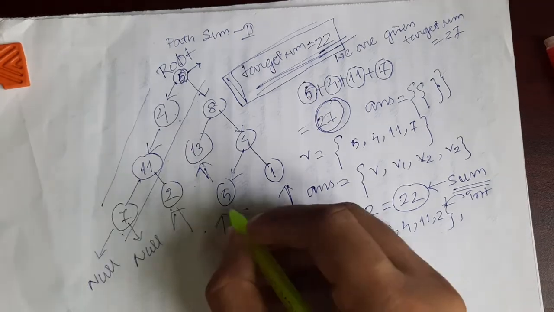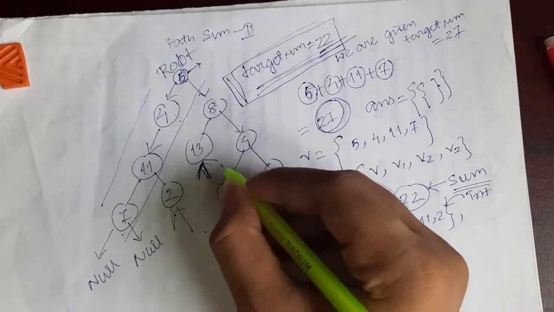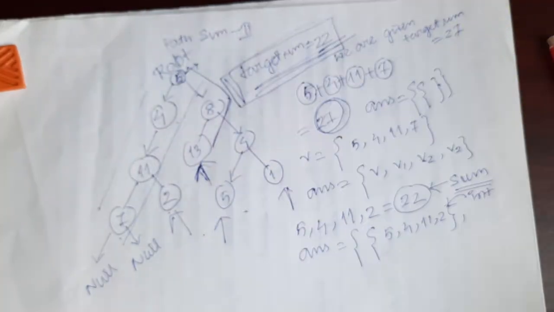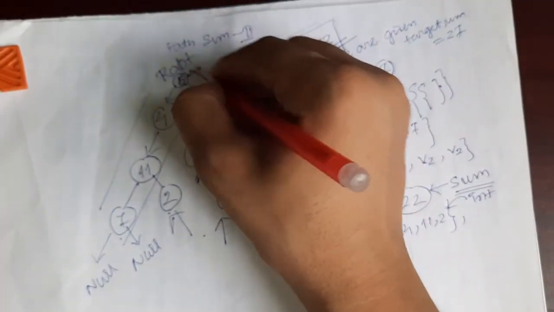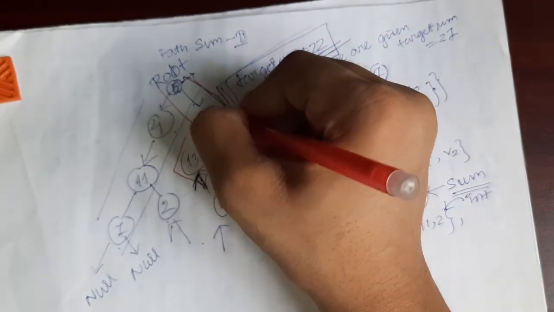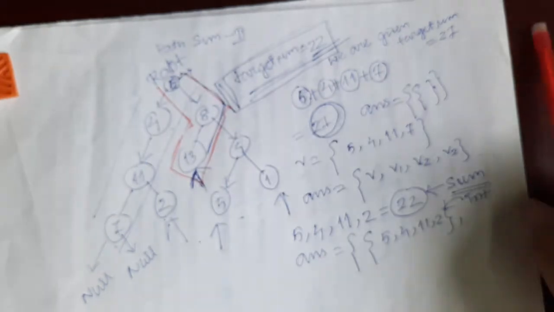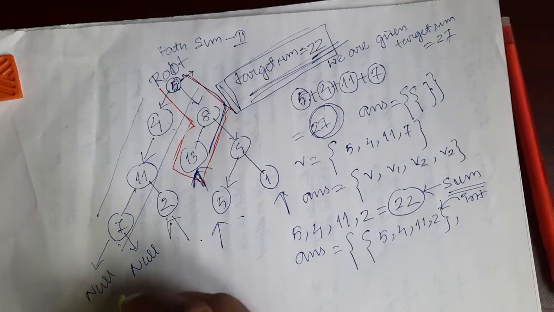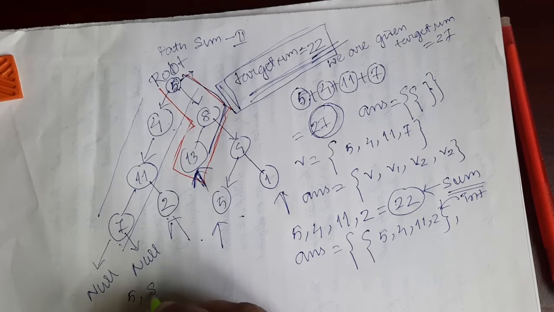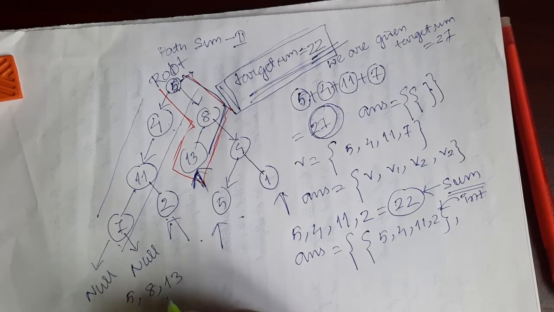So let's check for this one. What is the path sum for this one? We need to check for this one. 5, 8 and 13.